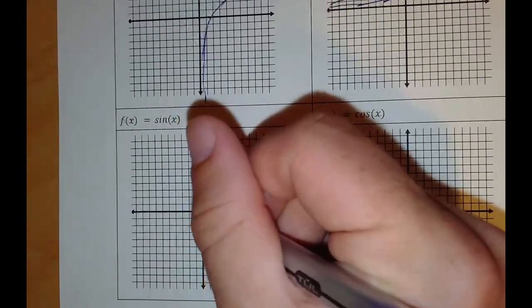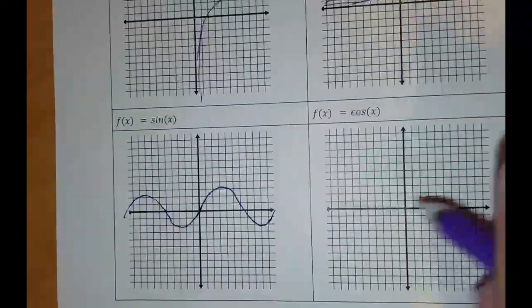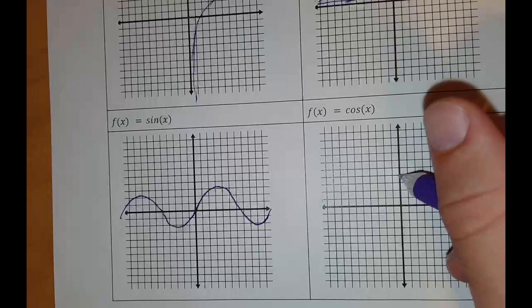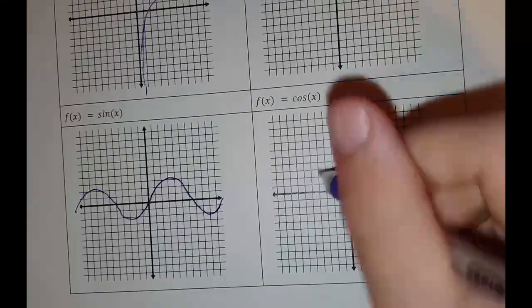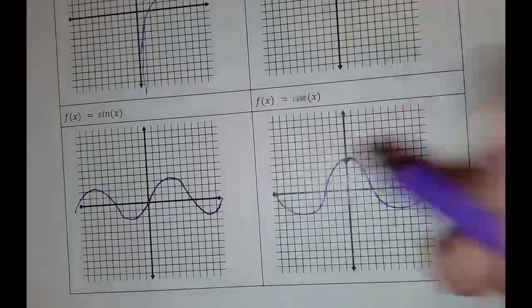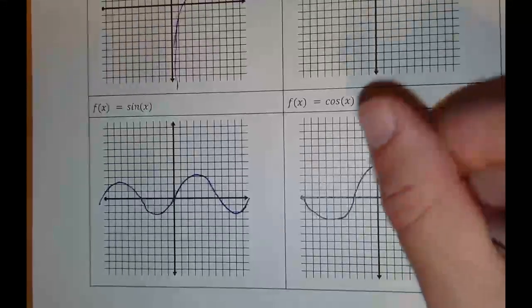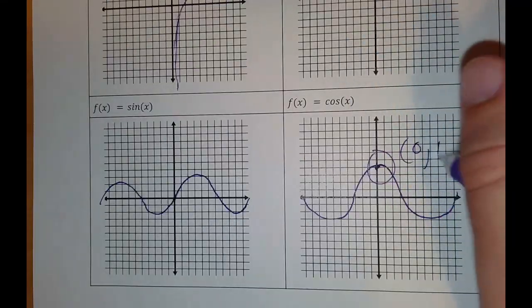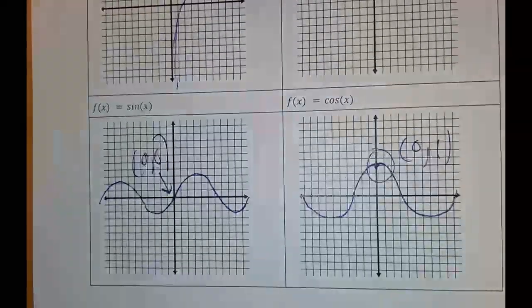Depends on your scale, but the important thing is the starting at 0. And then the cosine, which starts at 1. This might not be to scale, but that's the important thing. The cosine, this is 1 right here, and this is 0.